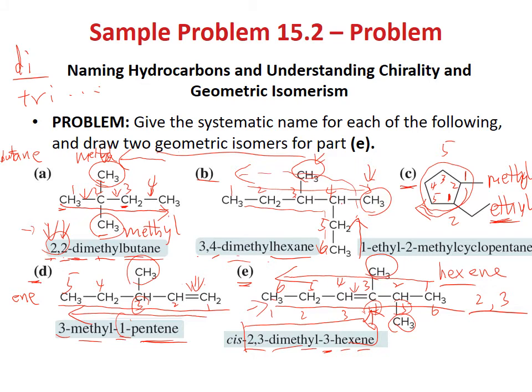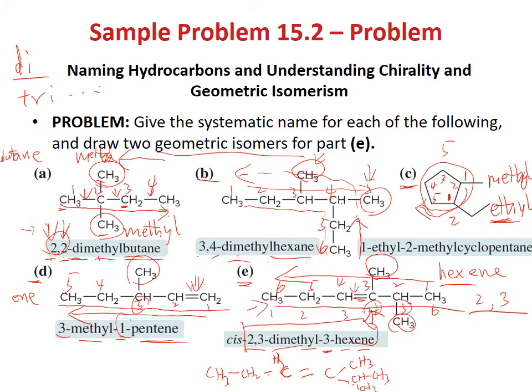The geometric isomer exists because the double bond cannot rotate, so one possibility is CH3, CH2, C double bond C, and then CH3, and here you have CH, CH3, and here you have hydrogen.